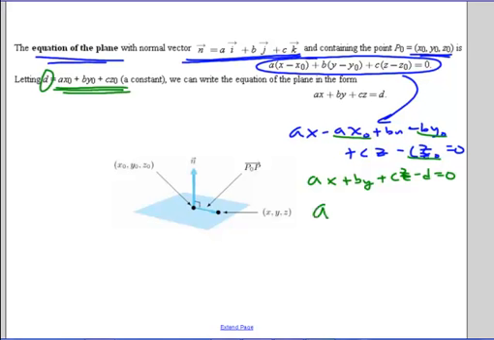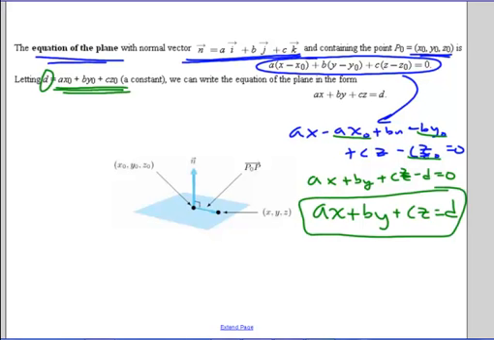And then we can write that in the form ax plus by plus cz equals d. And this is a nice form because it's just in terms of all of their respective slopes set equal to some constant.